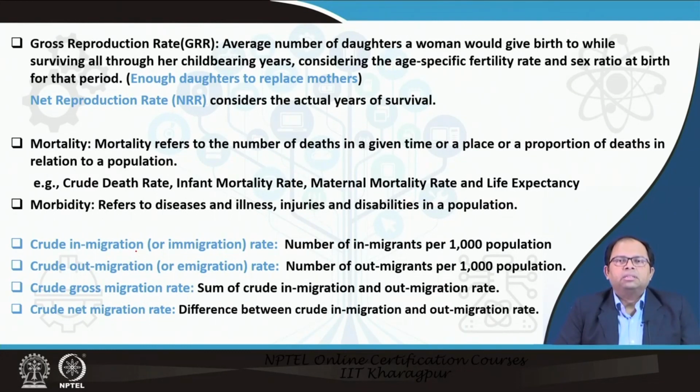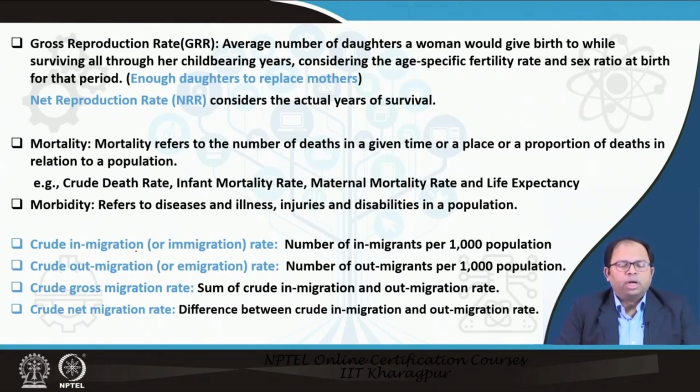This is a measure to determine if that particular population is having enough daughters so that future population growth is ensured. So that is the gross reproduction rate, and here again we consider that the woman goes through the entire childbearing years and survives during this entire period.